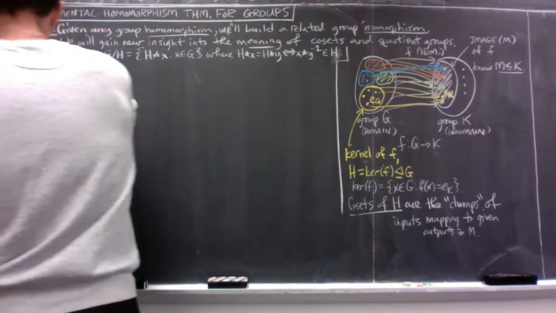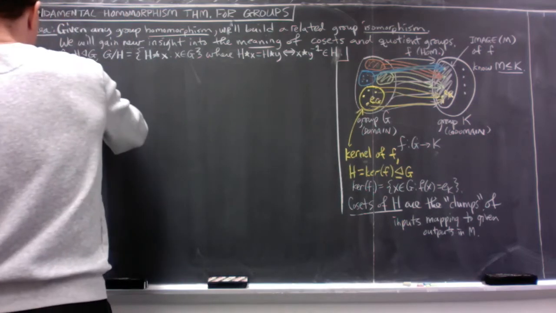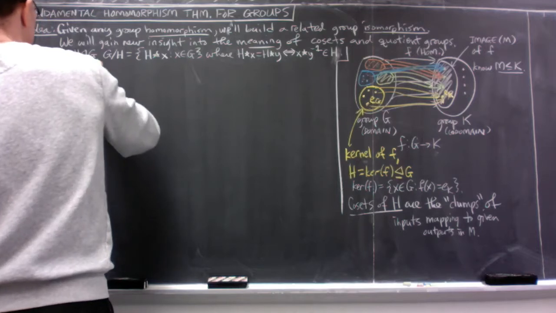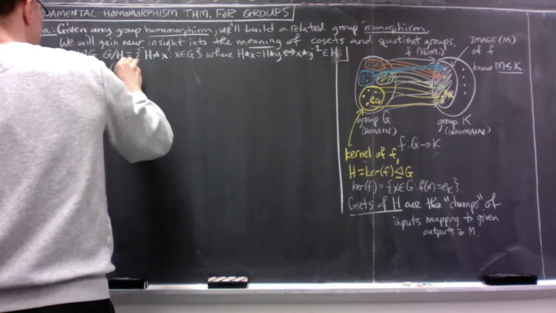So let G and K be any groups, G star and K dot if you want.